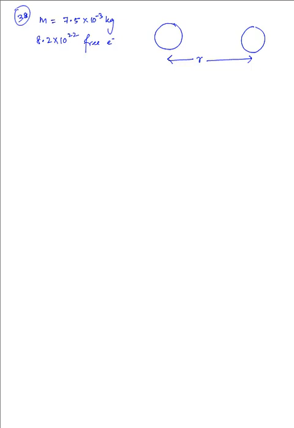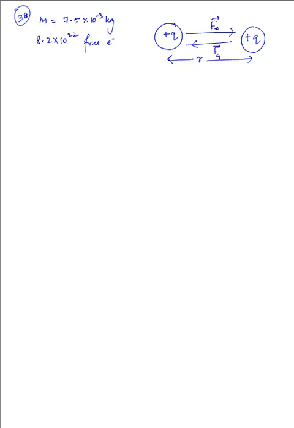Now the electrons have to be removed, so each of them is going to acquire a positive charge, and the same number of electrons will be removed from each of those spheres, so the same value of positive charge. And the electrostatic repulsive force that they will be applying will be counterbalanced by the gravitational force between them.